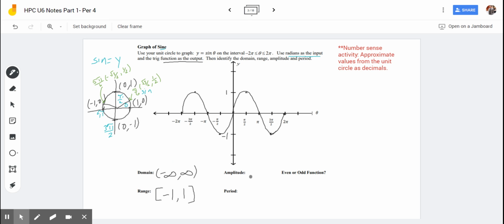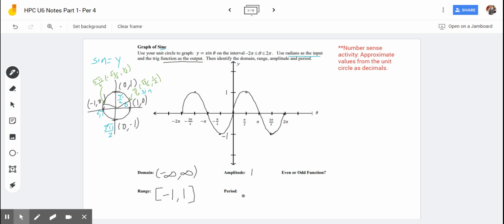The amplitude, if you recall, is the distance from the midline. The midline is at 0, so midline to max, or midline to minimum. The amplitude for the parent function for sine is 1, because it's 1 above the midline or 1 below it.